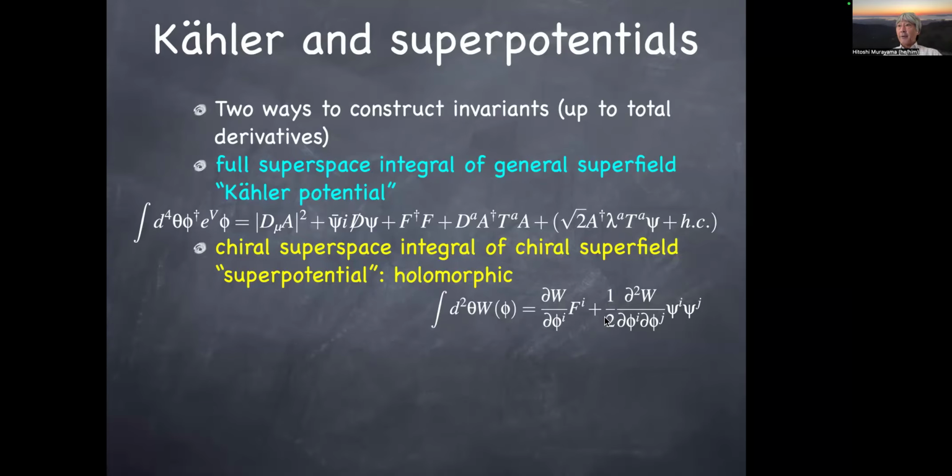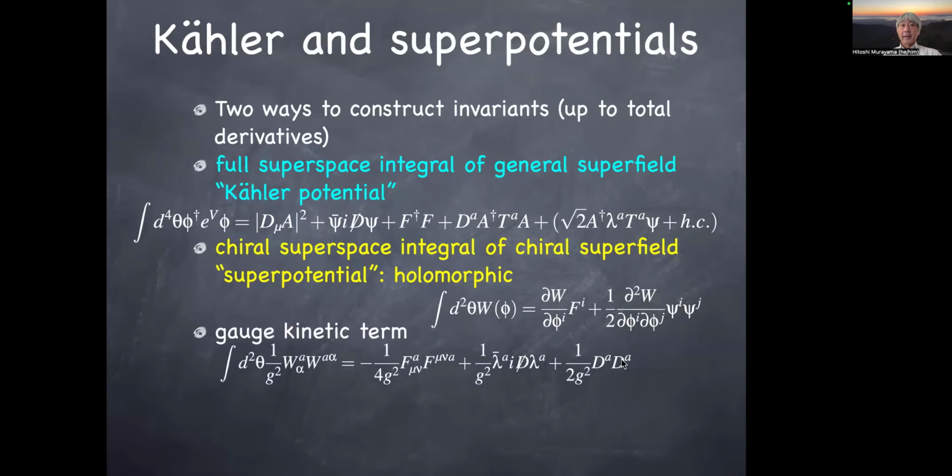And if you expand this out, you get these terms, and this part ends up being the familiar Yukawa interaction. And there's also a gauge kinetic term, which turns out to also be integrated only over half of the superspace. By writing this out, you get the usual Yang-Mills Lagrangian, the Lagrangian for the gaugino, which is the adjoint Weyl fermion, and D doesn't have a kinetic term.